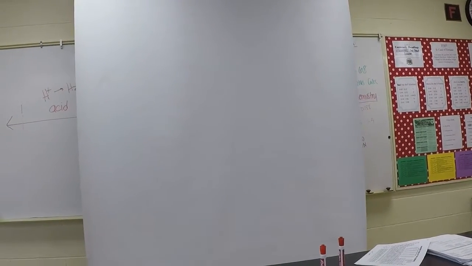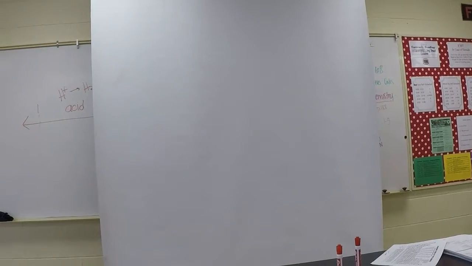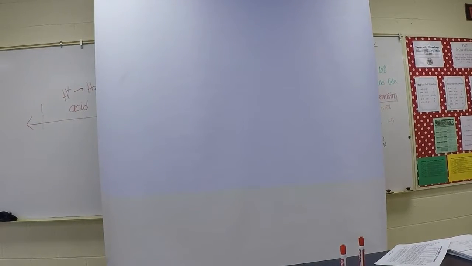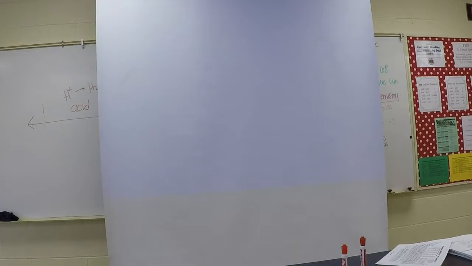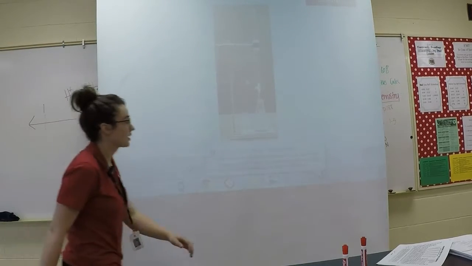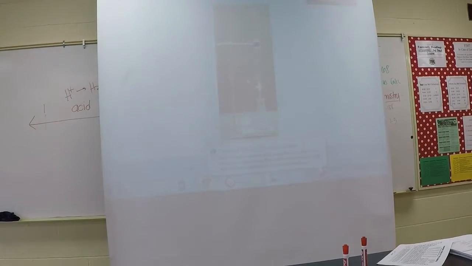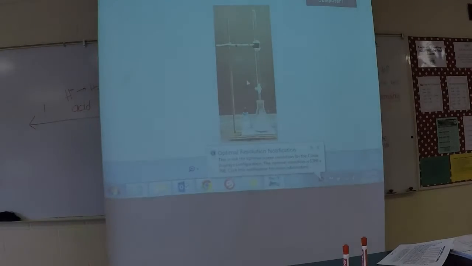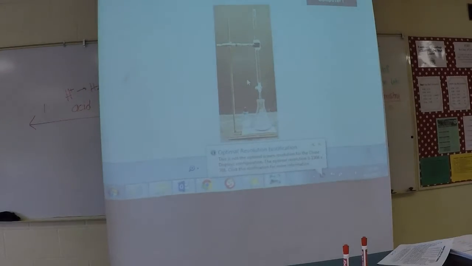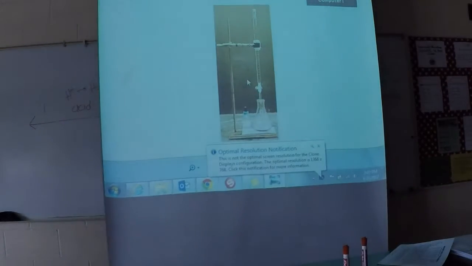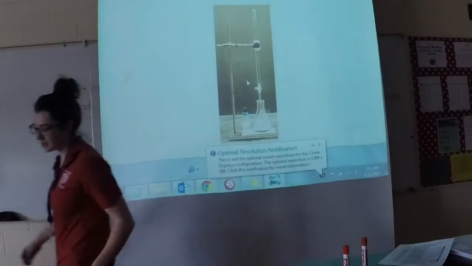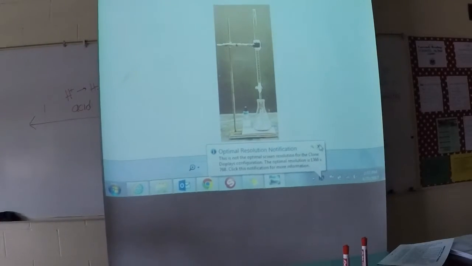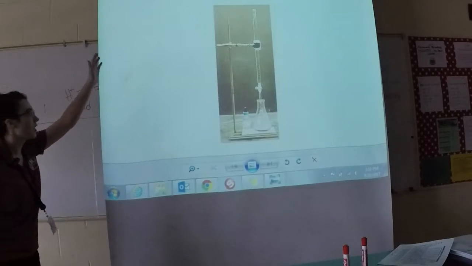So first of all, I showed you that in the back lab stations, we have something called burettes. All right? They're these long glass measuring devices. It's almost like a giant graduated cylinder, right, mounted on a ring stand.